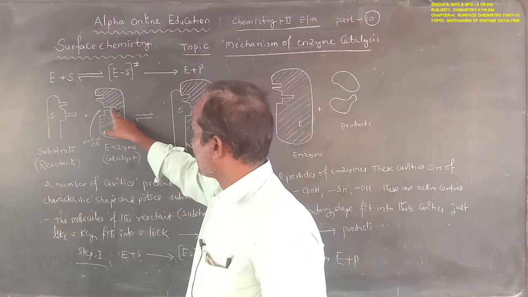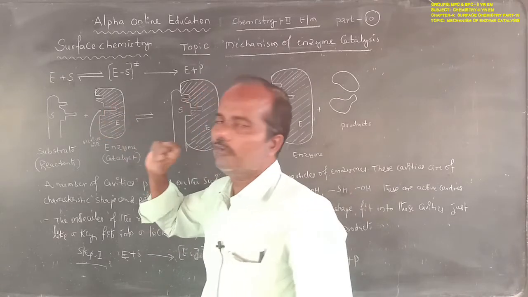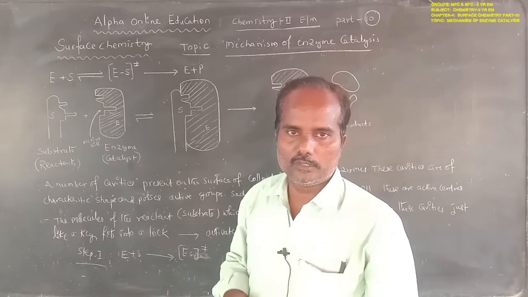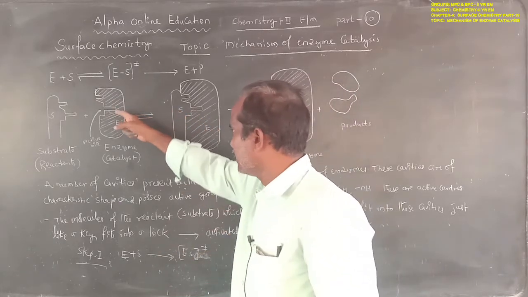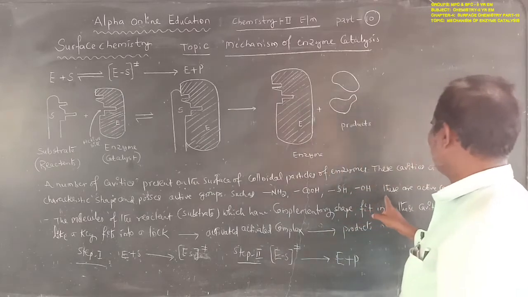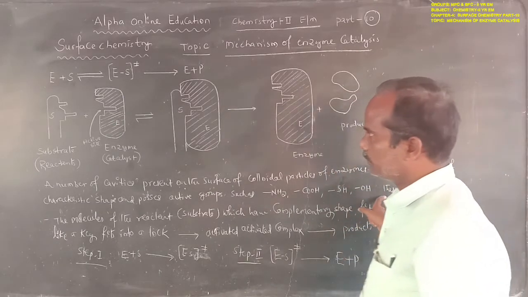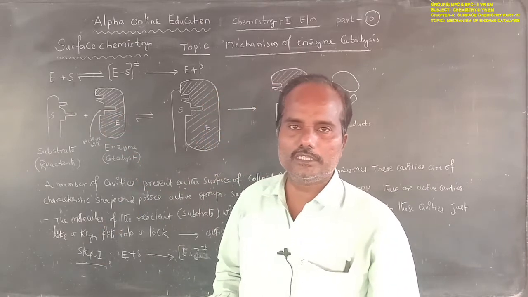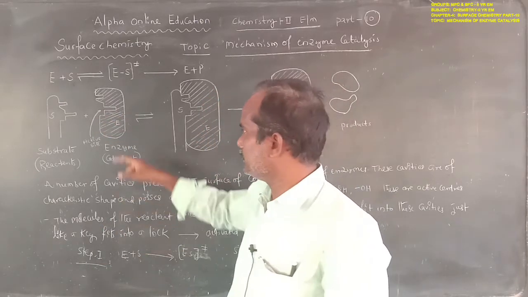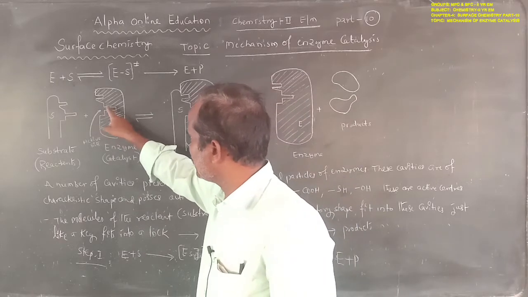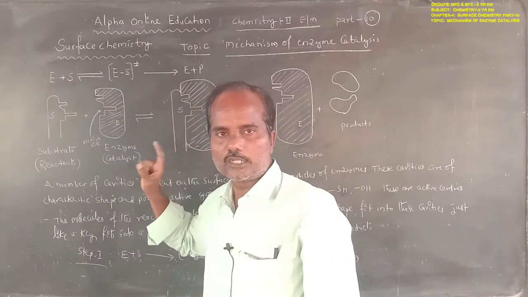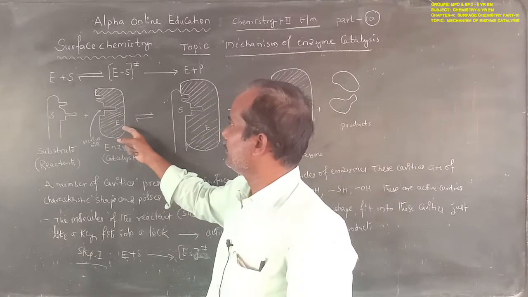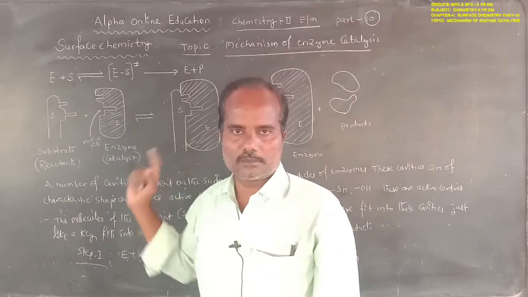These cavities have active functional groups like the hydroxyl group, amino group, carboxylic acid group and mercapto group. What is the function of these functional groups? Because of the presence of active functional groups on the surface of the catalyst, it can interact with the substrate.